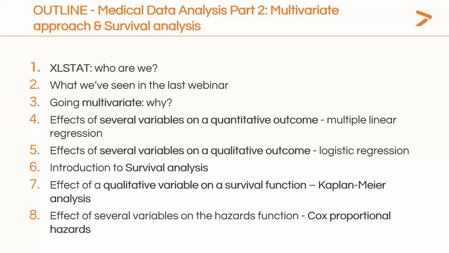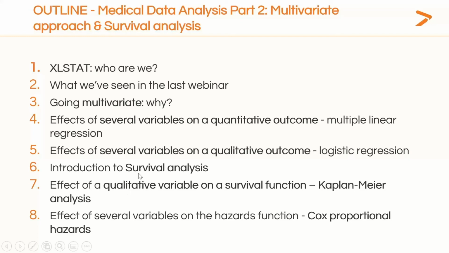Today, we'll see models that investigate simultaneously the effects of several independent variables on some clinical outcomes. We will see what's the advantage of going multivariate first. Then we'll see how to investigate the effects of several variables on quantitative outcomes, and we'll be talking about multiple linear regression. The effects of several variables on qualitative outcomes, we'll be talking about logistic regression.